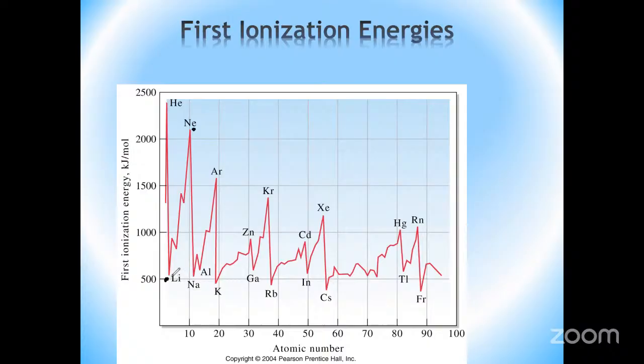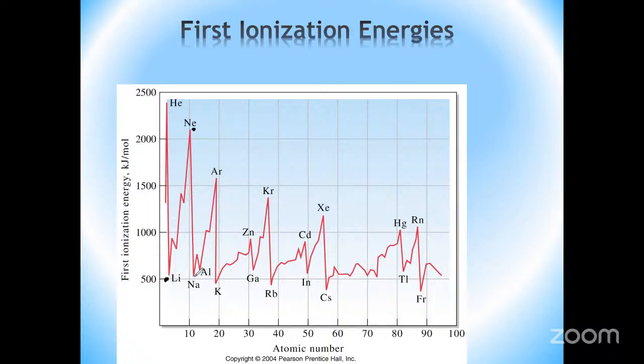So basically, the first ionization energy increases until you get to boron. It drops slightly for beryllium, and then it increases again until you get to nitrogen, and then it drops slightly for oxygen, and then it increases up to neon, right? So that's basically what we were discussing earlier.